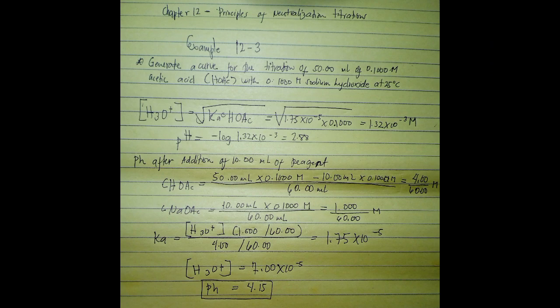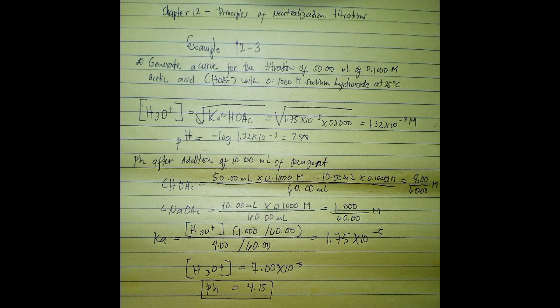This is the example of Chapter 12, which is the principle of neutralization titrations. The first one, we have here the problem and also the solutions. For the initial pH, first calculate the pH of a 0.1000 molar solution of acetic acid.